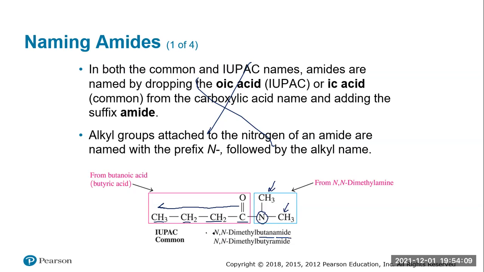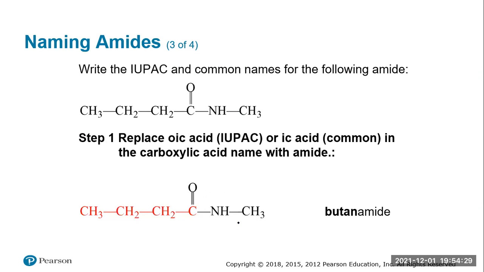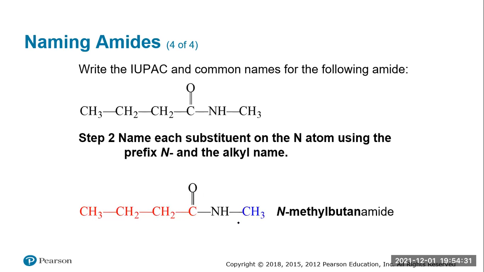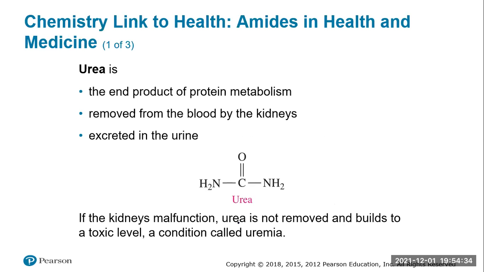And that is where the N,N-dimethylbutanamide comes from. So here, just like we saw with amines, we sometimes will use that N to indicate the connection of the group attached to the nitrogen. Good news is you don't have to worry about naming amides, so let's not worry about it then. So we won't worry about this guy or this guy. We won't worry about that guy.